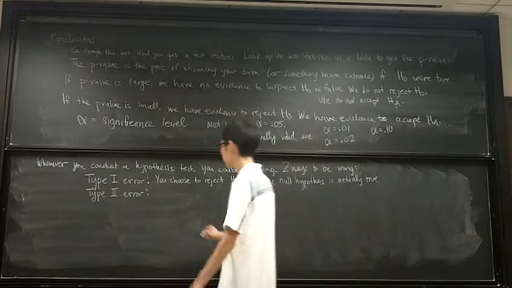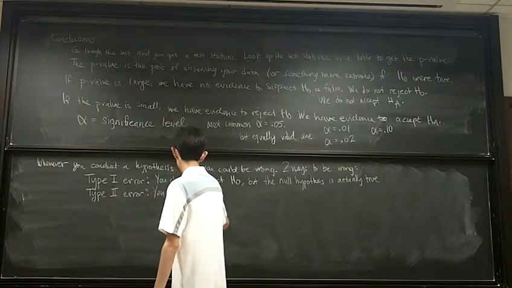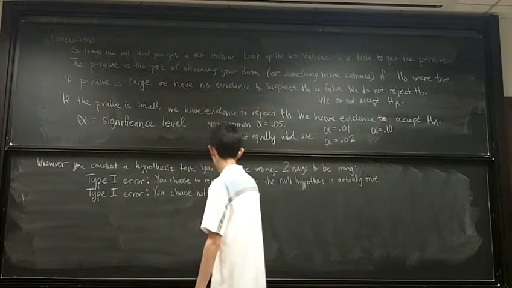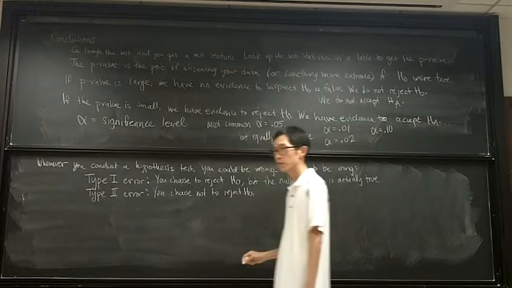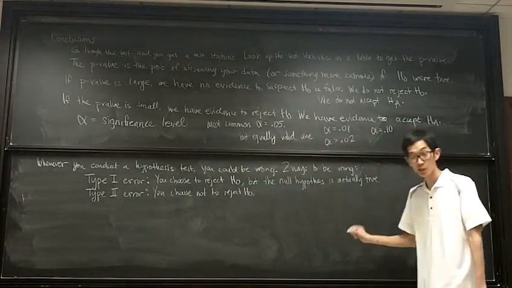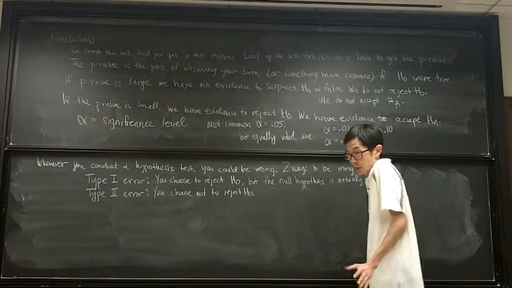Type 2 error: you choose not to reject the null hypothesis, but you should have, meaning the null hypothesis is really actually false.